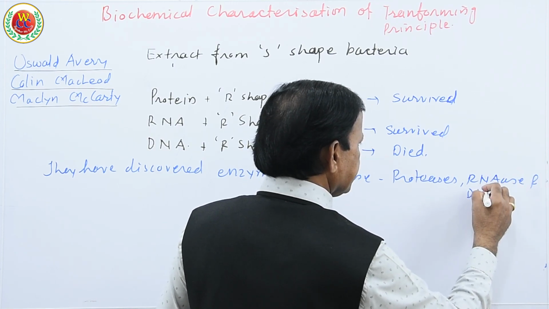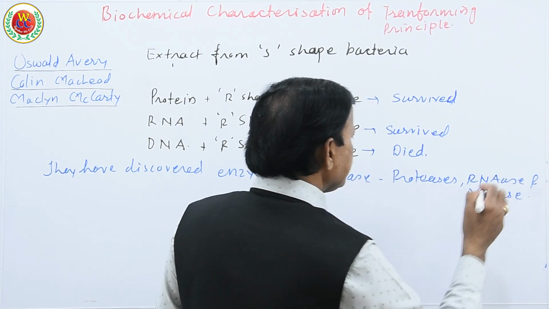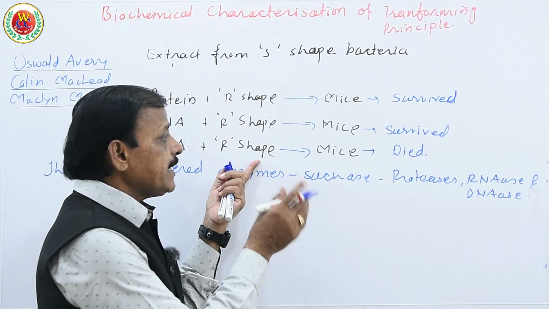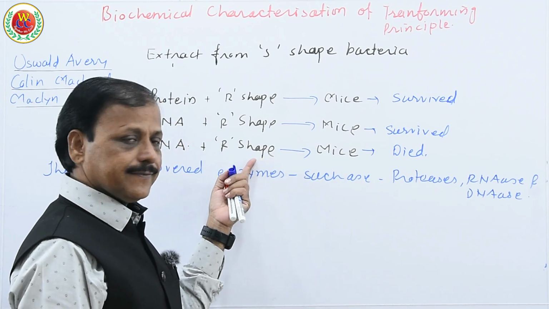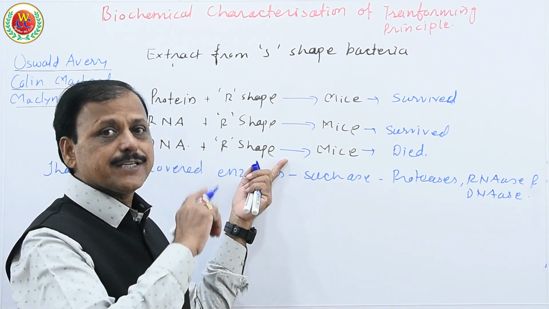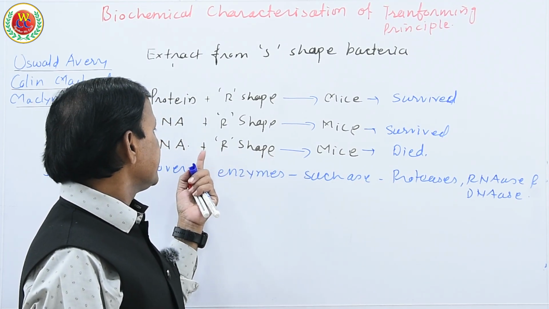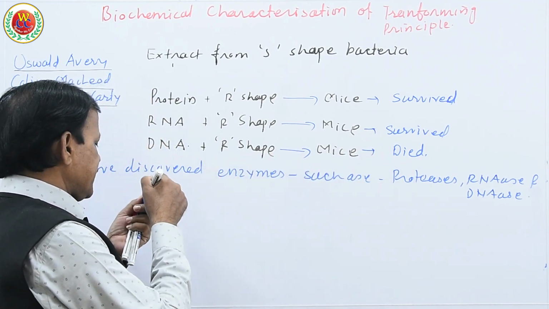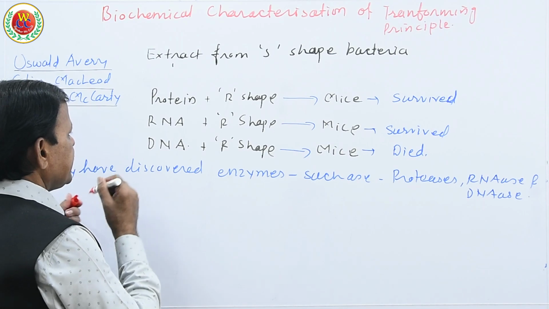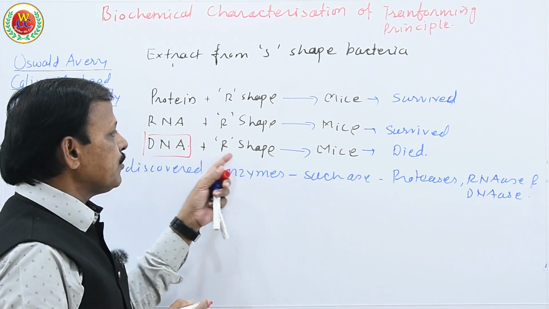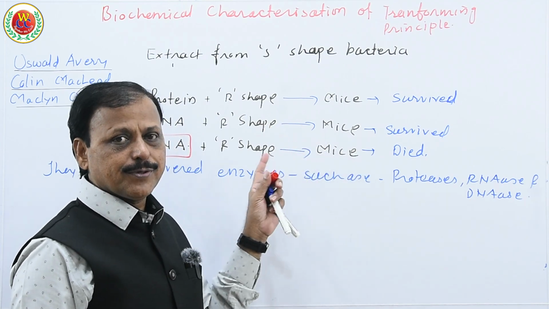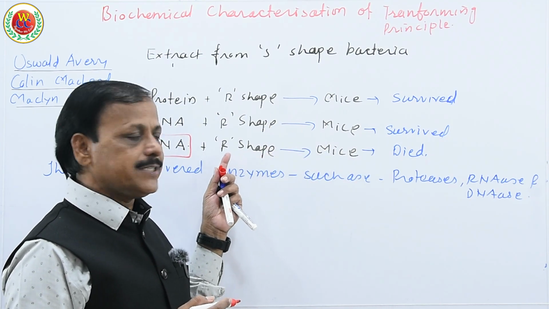and DNase. When they used proteases along with this, there was no effect. But when they used DNase along with these, there was an effect. What was that effect? The mice did not die. Why? Because DNase could digest the DNA and therefore could not convert R-shape into S-shape, and thereby the mice survived, because R-shape does not cause disease.